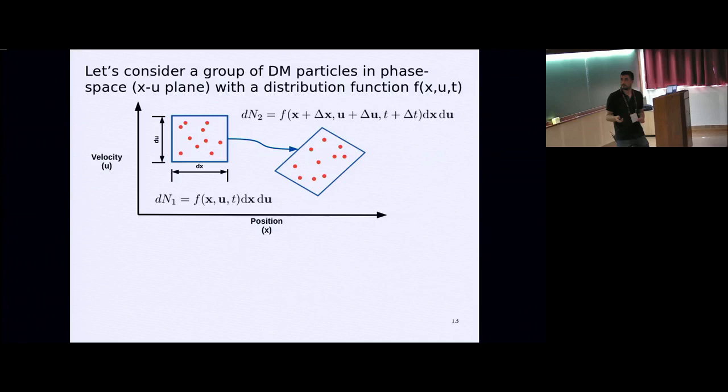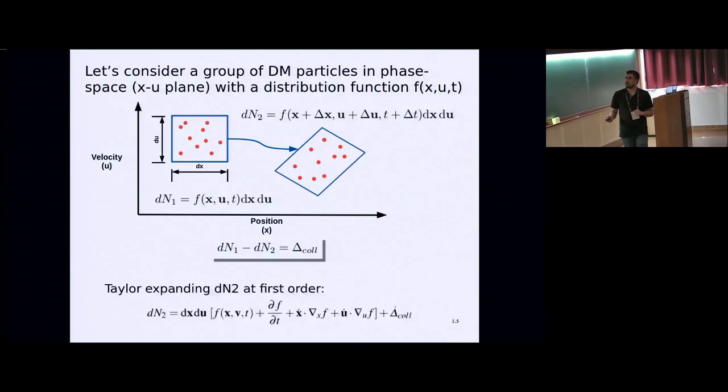Right? But now x, you can imagine, is x plus delta x, and velocity is u plus delta u, at time t plus delta t. So now you can compare these two numbers, and they should differ only up to collisions. So you might have particles entering, or there will be particles colliding here and kicking particles away.